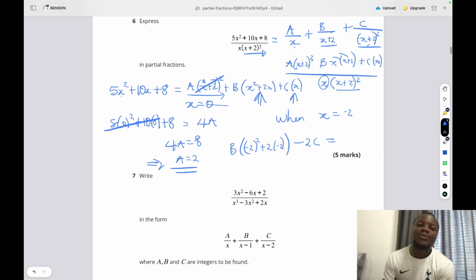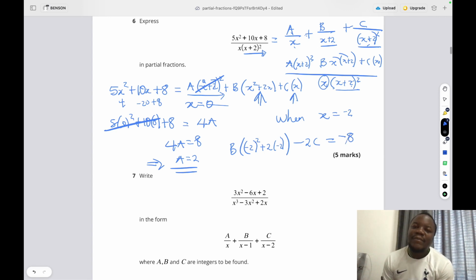Negative 2 squared is 4. This is negative 20. You can do that in your own good time. And then this gives me negative 12 plus 4 to give me negative 8. So this should be equal to negative 8. You can confirm that in your own free time.